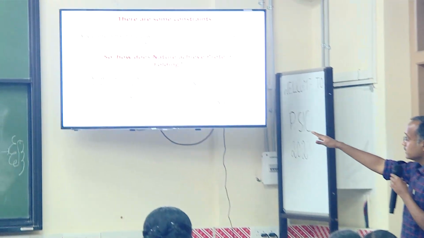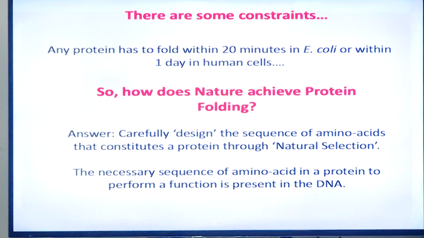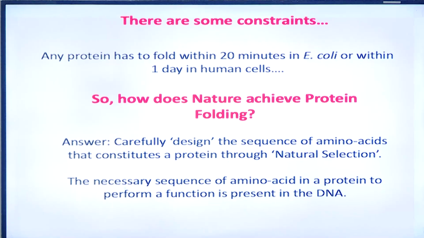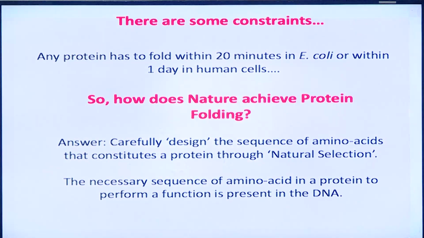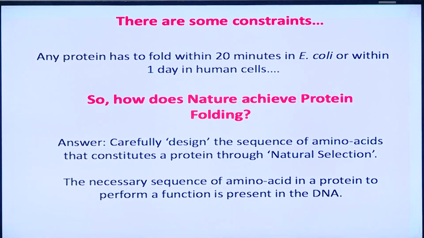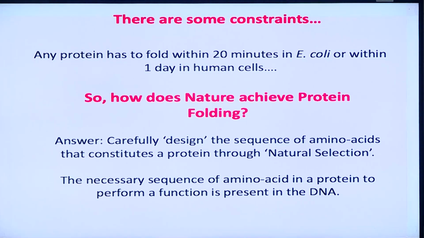And the sequence information, of course, is present in the DNA. So the DNA tells, okay, these are the amino acids that need to be right next to each other. So the information is already present, and so the protein folds. But now what we are trying to do is understand what the grammar is. So we are doing the inverse of what you have been taught.